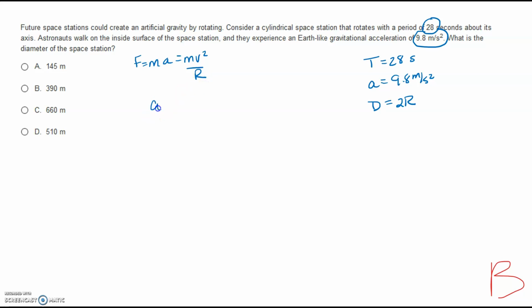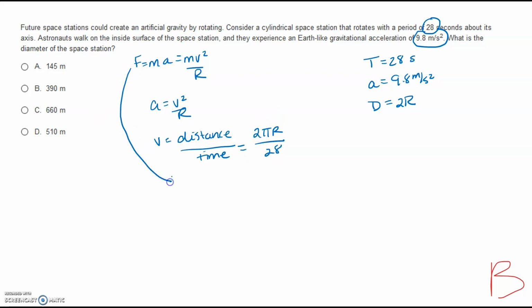And then I just started writing some, as this is this. Velocity is distance over time, which is going to be 2 pi r over 28 seconds. So then I plugged in some stuff. So I have 9.8 times m, so I used my acceleration there, is equal to m times 2 pi r.